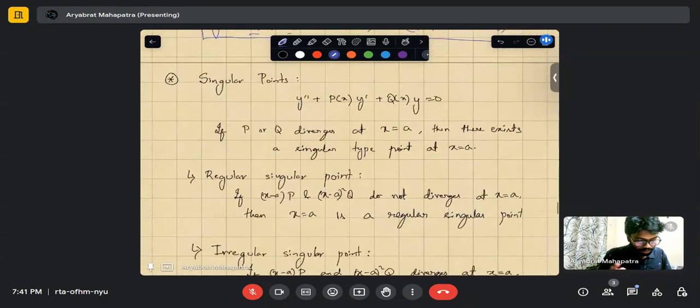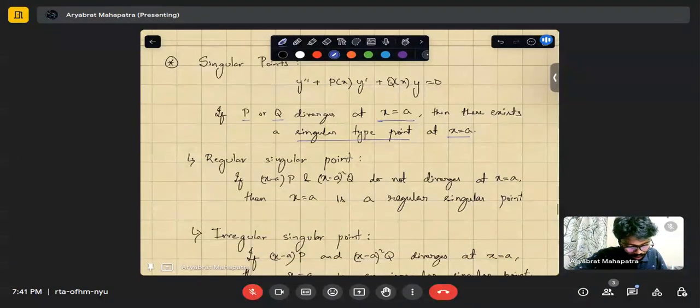A singular point is something you could have already guessed from the discussion we just did, where you had the p and q functions. If that function diverges, instead of taking some finite or zero value, at some point x equals a, then that point x equals a is called a singular point.